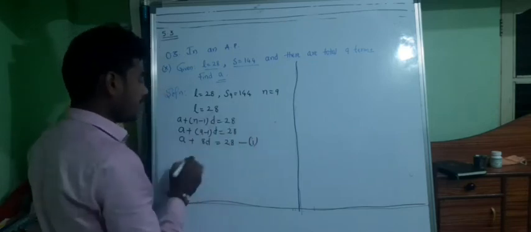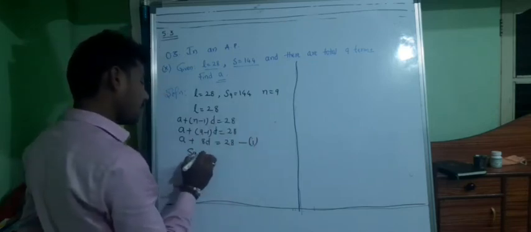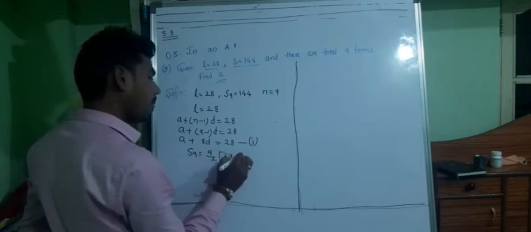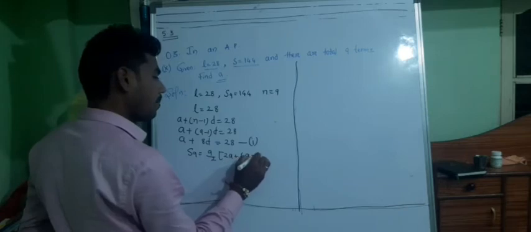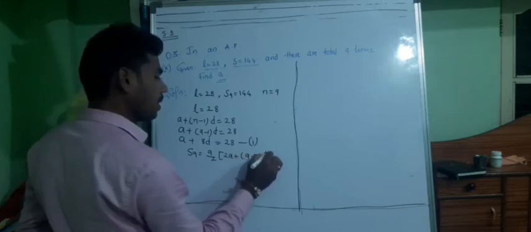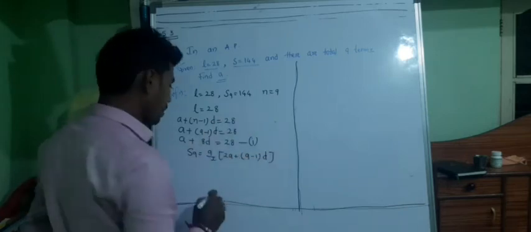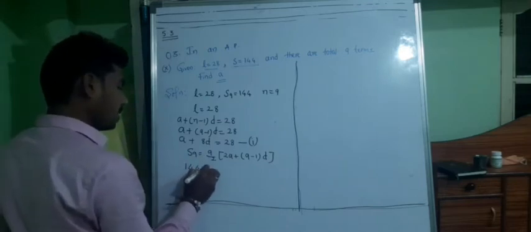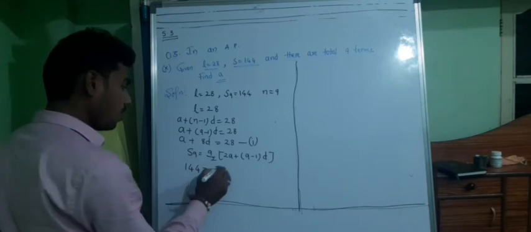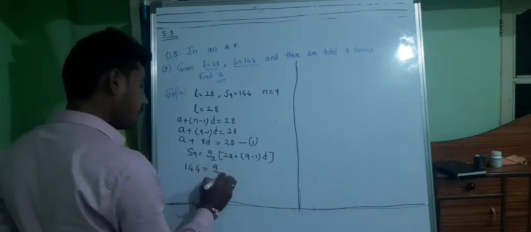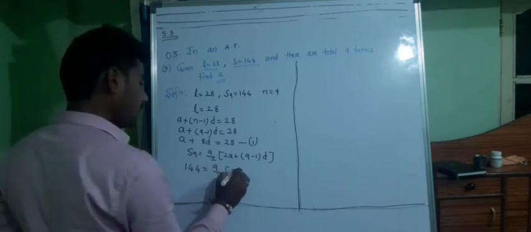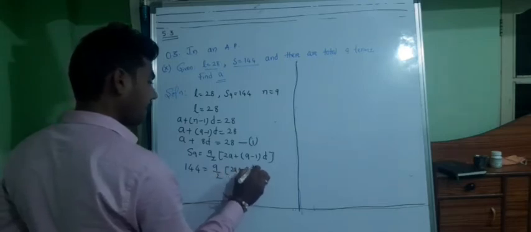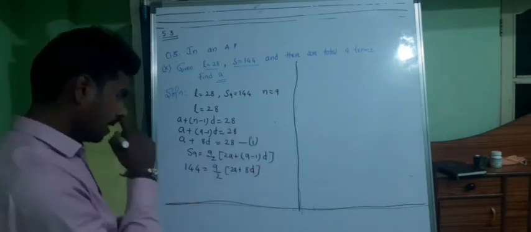Next, S9 is equal to 9 by 2 into 2A plus 9 minus 1 into D. Fine. Now S9 is nothing but 144. 9 divided by 2 into 2A plus 8D.